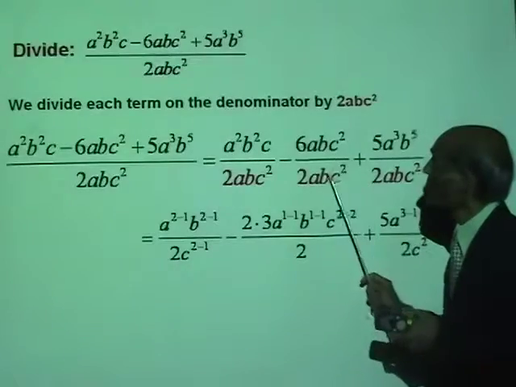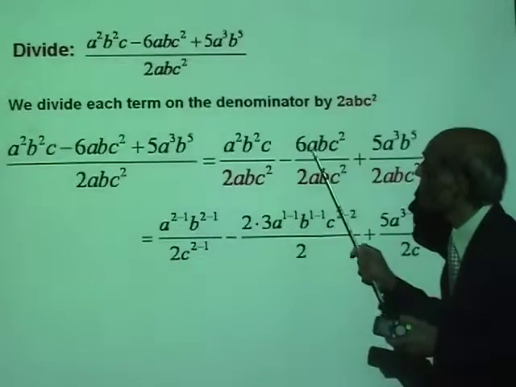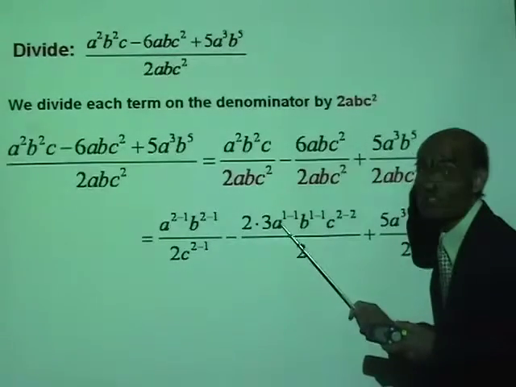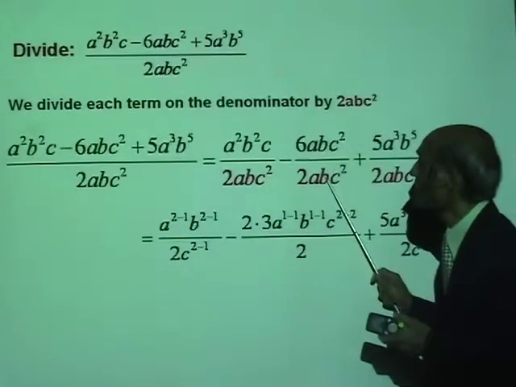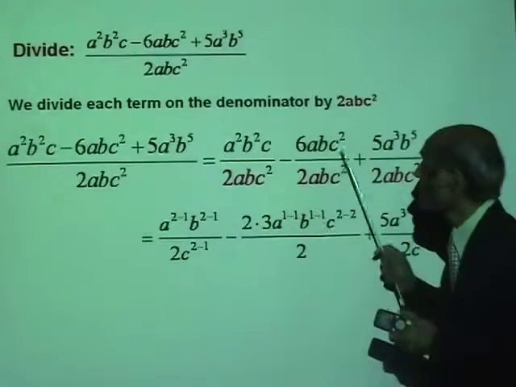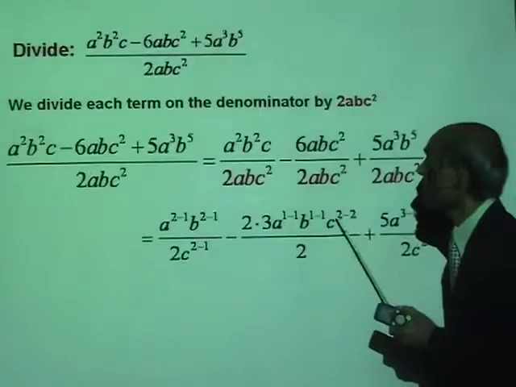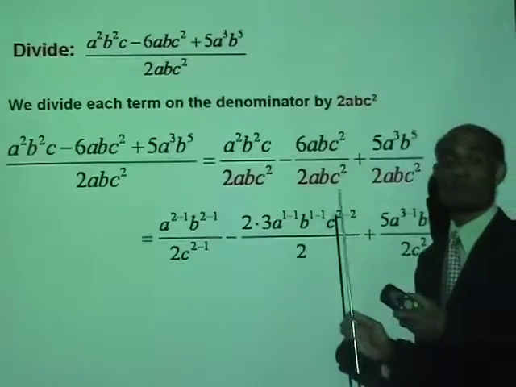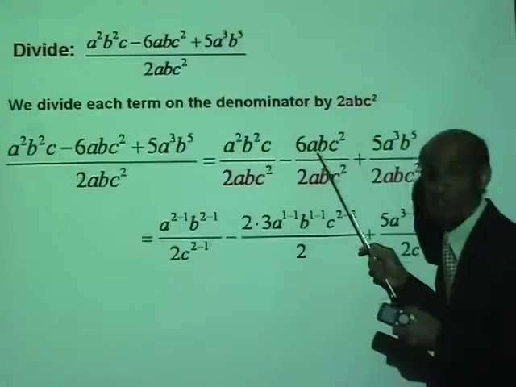And now, apply the quotient rule for a divided by a. A divided by a is a to the power of 1 minus 1. B divided by b is b to the power of 1 minus 1. And c squared divided by c squared is c to the power of 2 minus 2. You can actually cancel those, can't you?